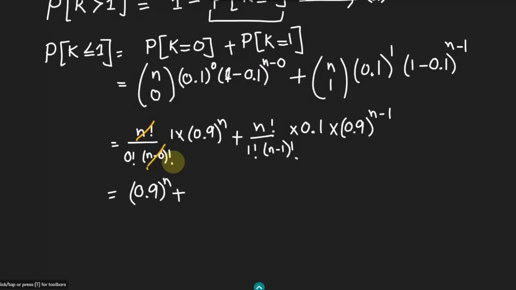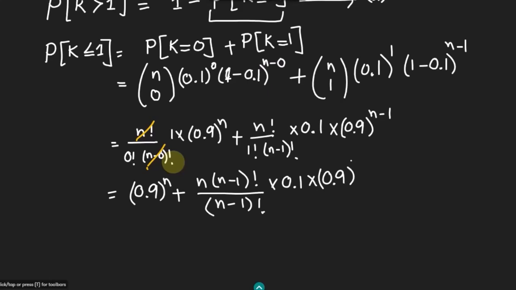Similarly here it would be n minus 1 factorial divided by n minus 1 factorial, multiplied by 0.1 into 0.9 to the power n, and multiplying it with 0.9 to the power minus 1.